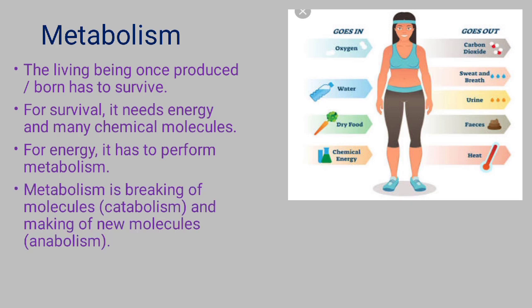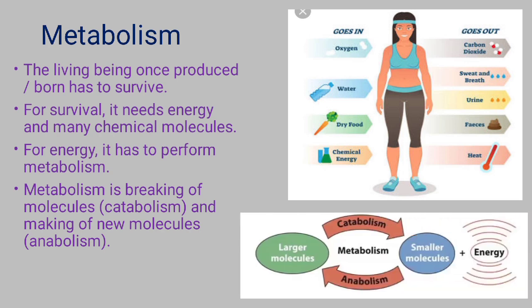Metabolism is breaking of molecules and making of new molecules. It is the sum total of two things, that is catabolism and anabolism. Catabolism means breaking of molecules, and anabolism means making of new molecules. So that is metabolism. You can see the diagram below, that is larger molecules. By the catabolism process, they are broken down into smaller molecules and energy is released.